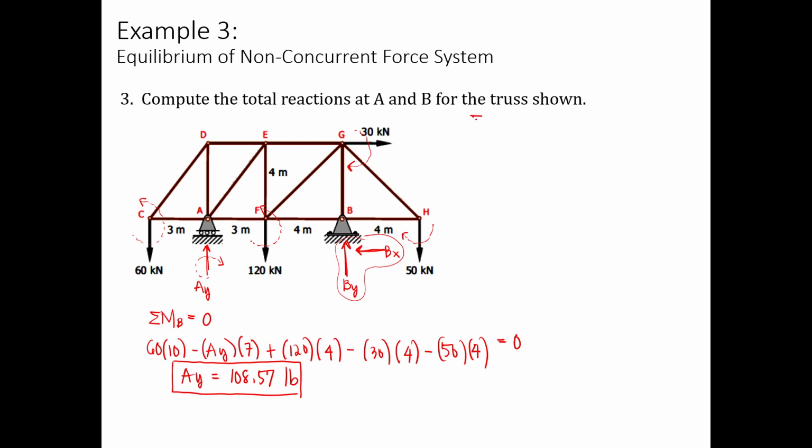To solve for your B sub y, summation of forces y equals 0. So from left to right, negative 60 going downwards, positive Ay, then negative 120 going downwards, and positive By, then negative 50 equals 0.